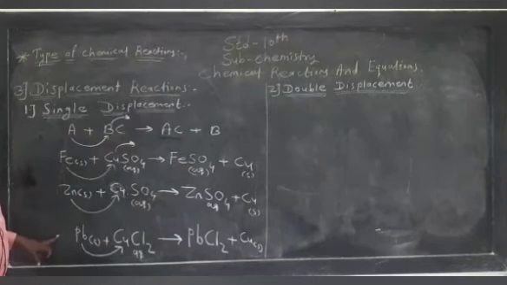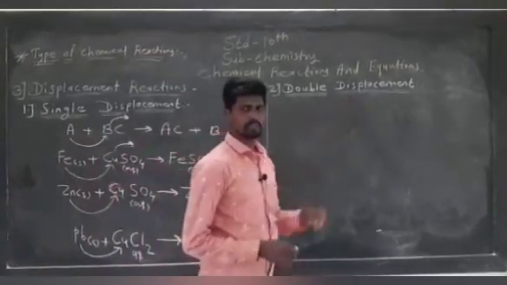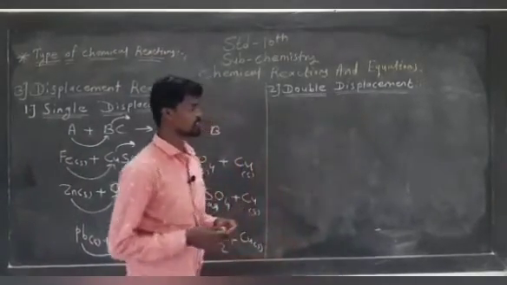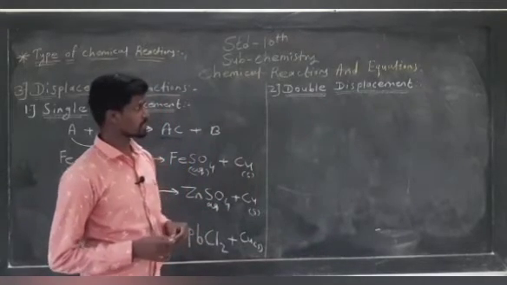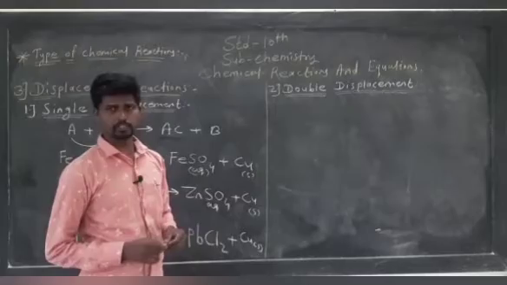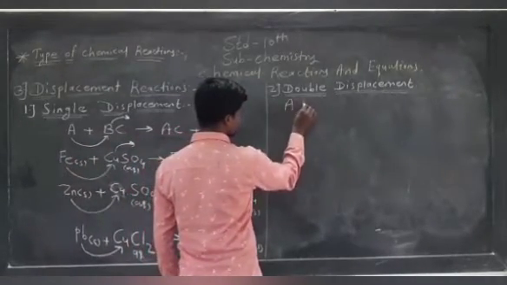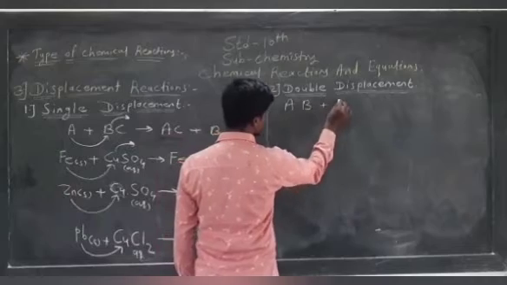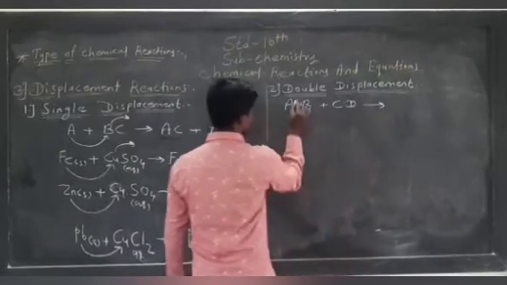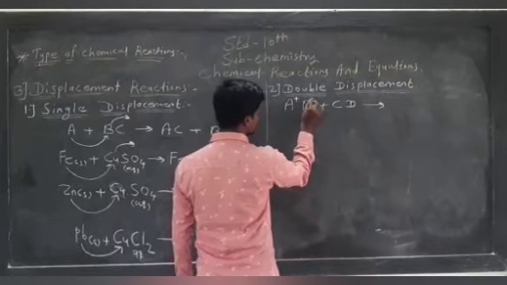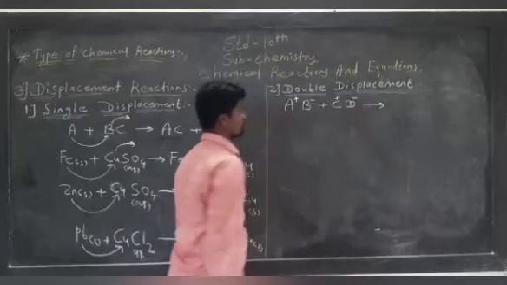Understand this point? Okay, another point is double displacement reaction. So what is meant by double displacement reaction? First consider the general reaction of double displacement reaction: AB plus CD, with A positive, B negative, C positive, D negative.